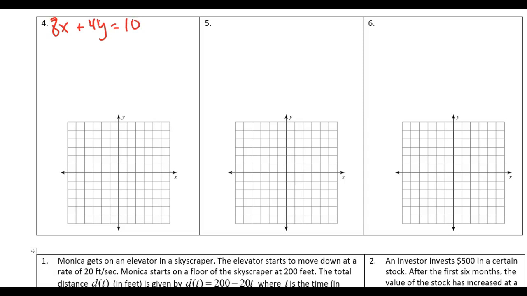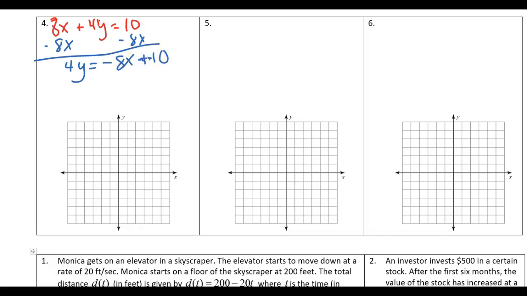All right, so the first thing we need to do with these examples is we need to get these in slope-intercept form. So the first thing I'm going to do is I'm going to subtract 8x and I have 4y equals -8x plus 10.